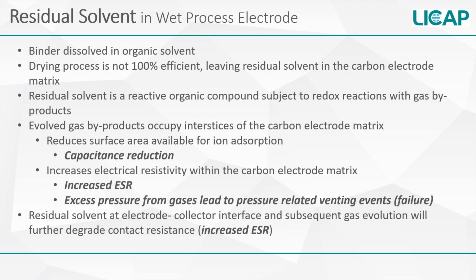As mentioned previously, the wet process uses an organic binder which is dissolved in an organic solvent and subsequently dried. As the drying process is not 100% efficient, residual solvent can be present in the completed wet slurry process electrode. These solvents are impurities that are subject to redox reactions which produce gas byproducts.